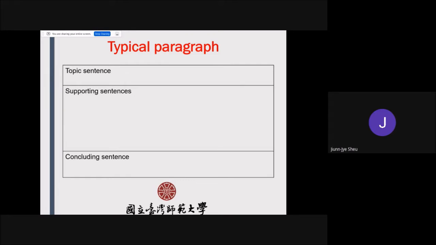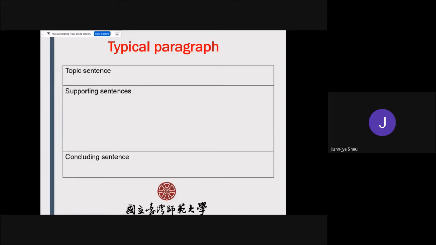When you write academic documents, you want to start from a paragraph. So you want to keep the structure of a typical paragraph in mind, which is typically a topic sentence, which offers an overview or a summary, or leads to the following statement, then the supporting sentences, and then at the end a concluding sentence.